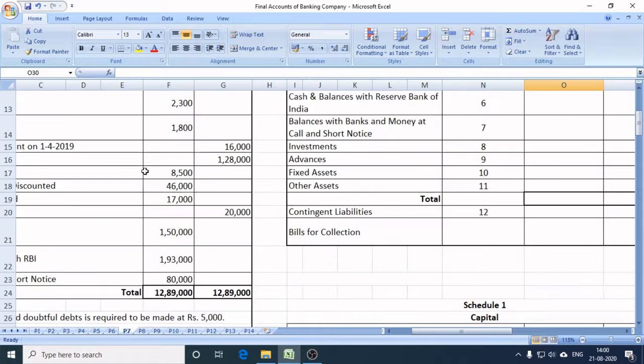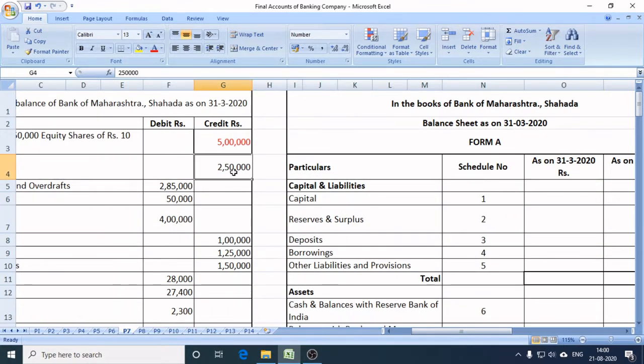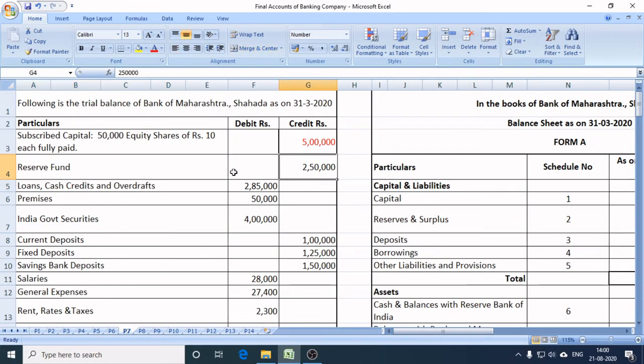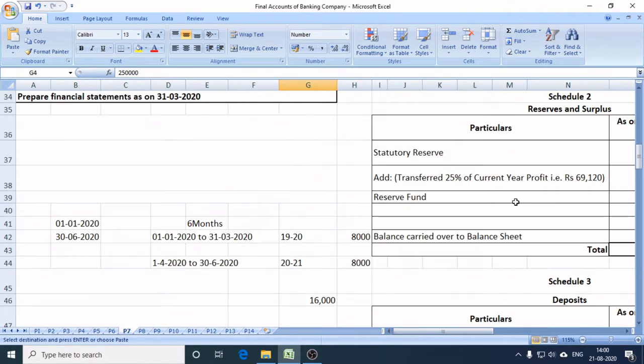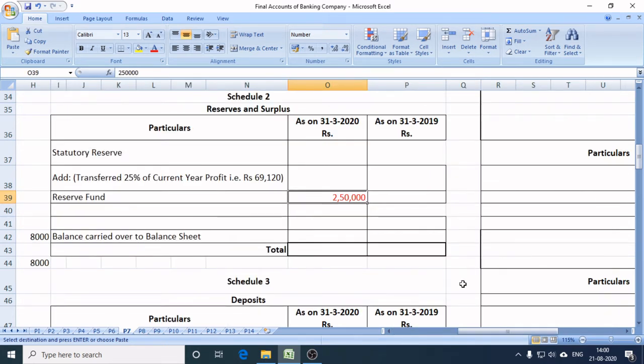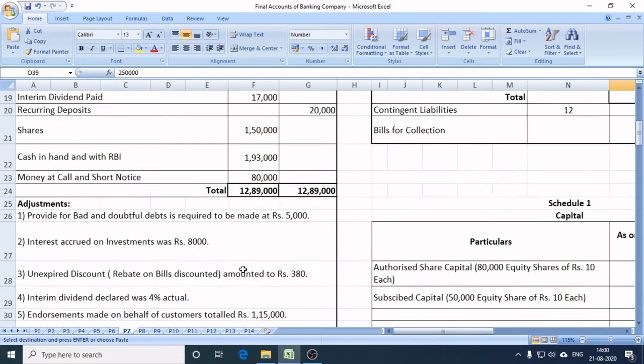Now next in the problem is reserve fund. The value is 2,50,000, and as the word reserve is there and it has a credit balance, we can put it under schedule number 2, reserves and surplus. Here the reserve fund balance is 2,50,000.